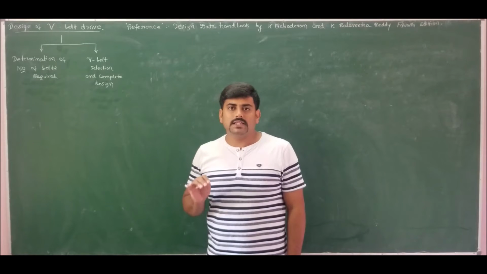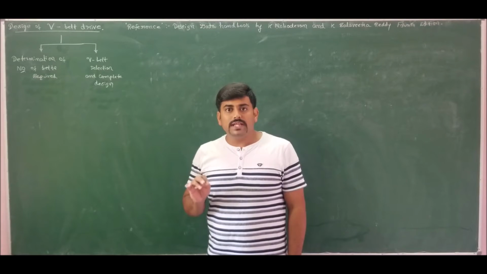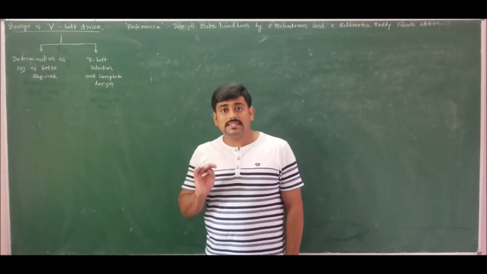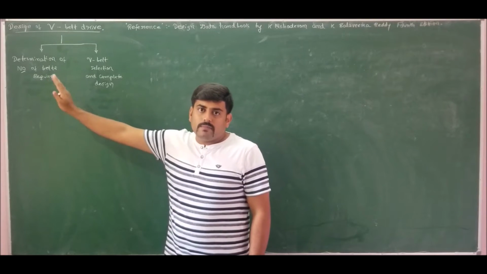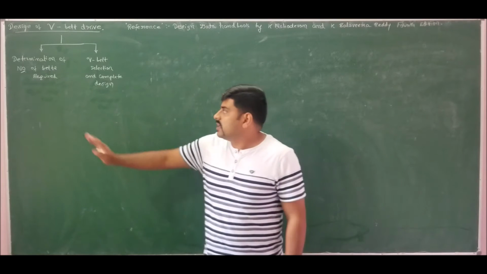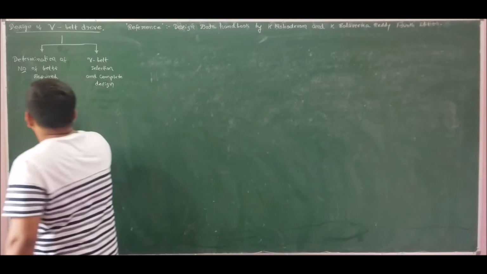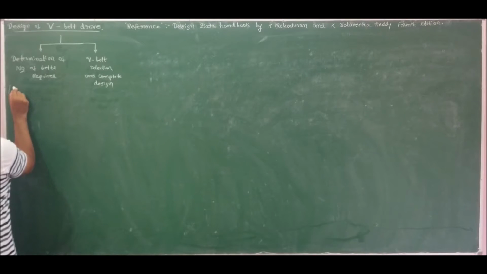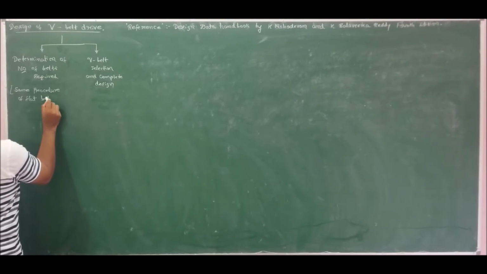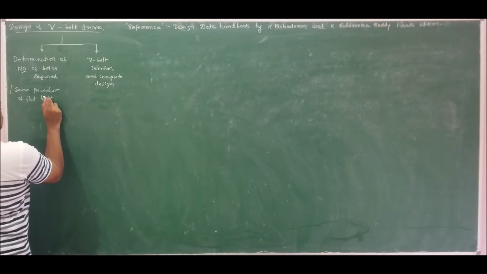Only thing is that here the ratio of belt tensions, T1 by T2, is given by e to the power of mu theta by sin alpha, where alpha is the semi groove angle. This procedure and problems we have already discussed for flat belt drives.